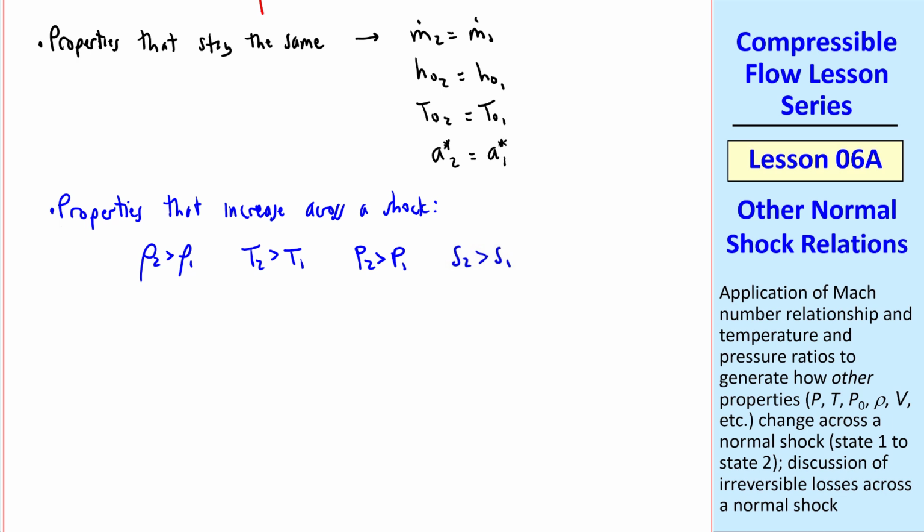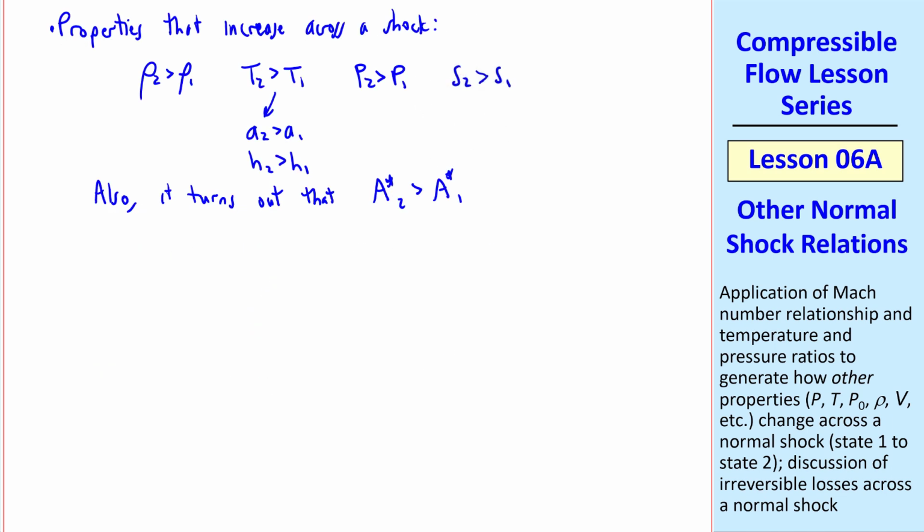Properties that increase across a shock are density, temperature, pressure, specific entropy, or if you use uppercase S, the actual entropy. From this we also know that A2 is greater than A1 and h2 is greater than h1, since A is square root of gamma RT and h is CpT. Also, it turns out that A star 2 is greater than A star 1.